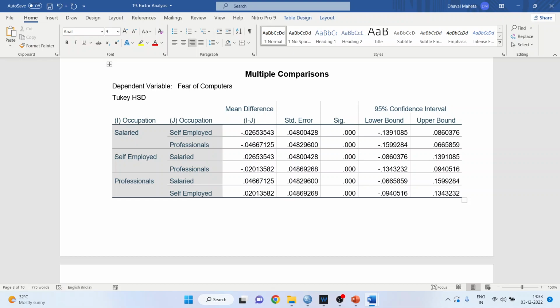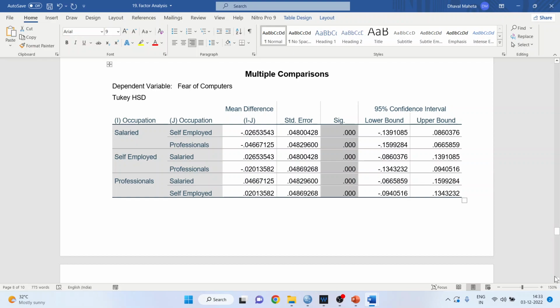Now this means that the difference between the salaried and self-employed is significant. Then only I will have to write the post hoc interpretation. If this p-value was more than 0.05, I would not have written the interpretation. So I'm giving you just an example.